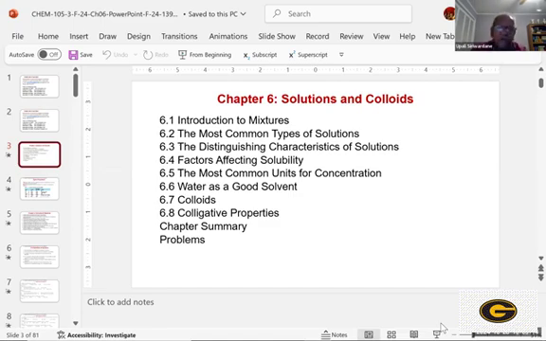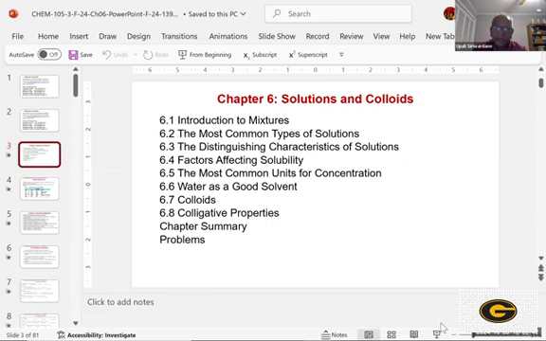Then we're going to look into colloids. Colloids have larger particle size of substance being dissolved in a liquid. Therefore, they scatter light. They are opaque solutions. The last topic is colligative properties.